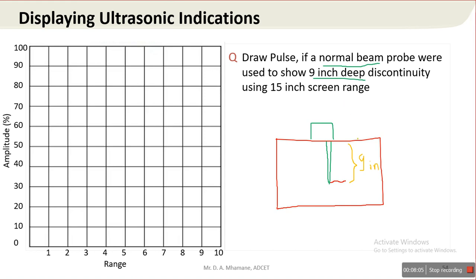So it is given: normal beam probe is used and the defect is 9 inch deep from the surface. And the screen range is given as 15 inch. So we need to draw the pulse, the response or echo which comes from this defect. This is the question.